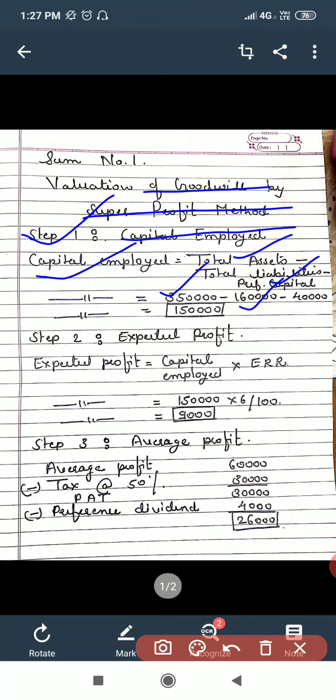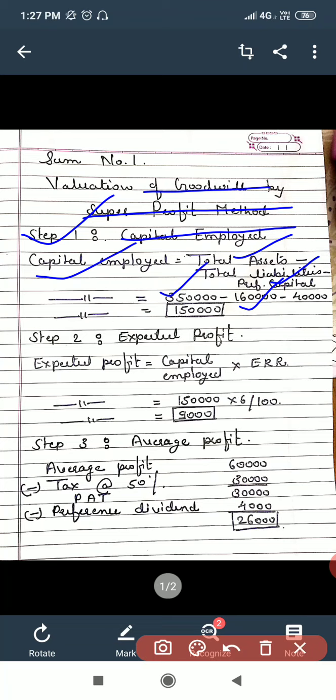Apart from that, one more piece of information is given to us, that is the preference capital. Apart from the other liabilities, preference capital even has to be paid back by the company to the preference shareholders.